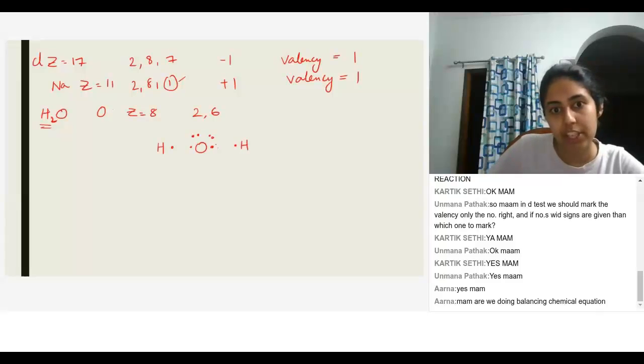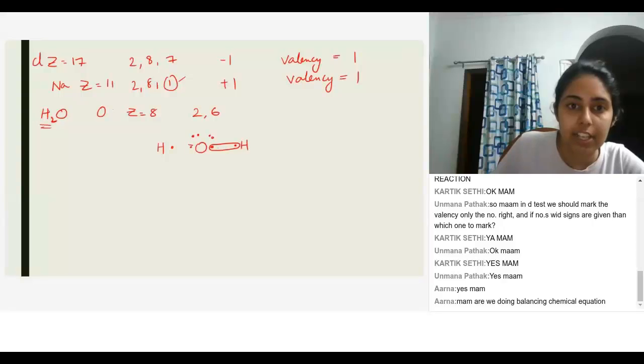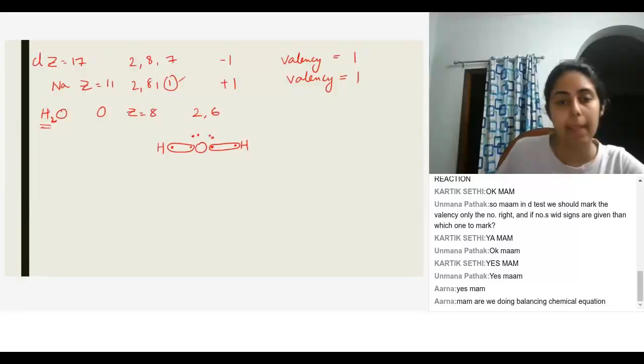So it shares one of its electrons with hydrogen, and hydrogen shares one of its electrons with oxygen. Similarly, it shares one of its electrons with the other hydrogen, and it forms a bond.